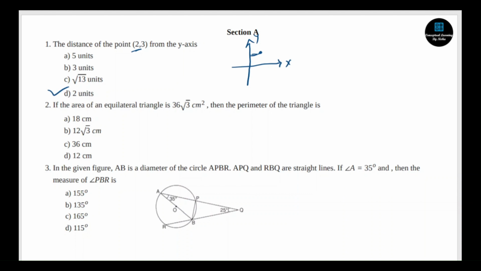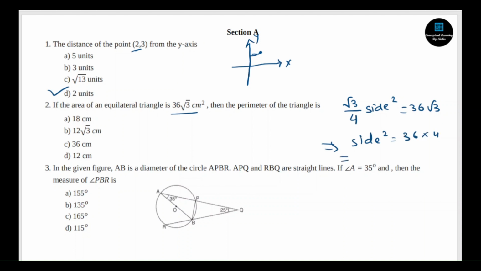Now, the area of an equilateral triangle is given. You should know this formula. Area of an equilateral triangle can be given as √3/4 times side squared. Now this is given as 36√3. When I simplify this, I'll get side squared equals 36 into 4.